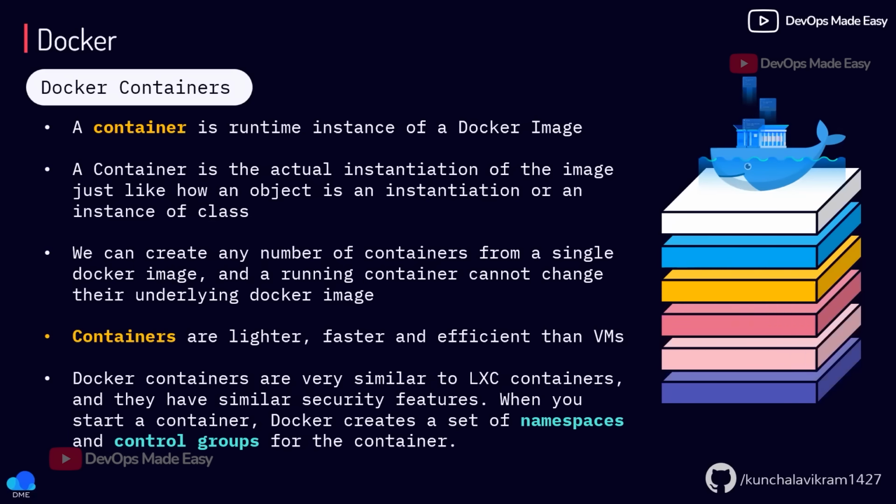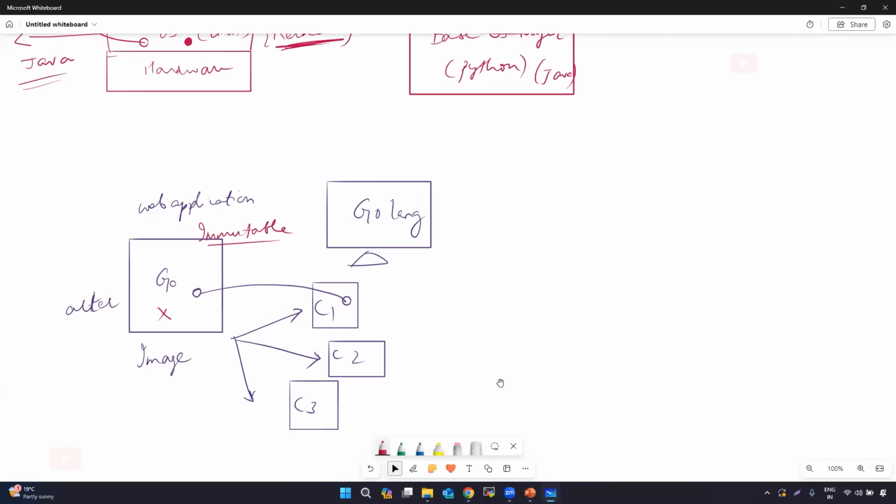As we already discussed, even though we say containers are runtime instances of a Docker image, they are nothing but a set of processes running in an isolated environment. Docker creates these containers using the namespaces and cgroups concepts in Linux. So the Golang application you Dockerized will have a process that starts the web application.